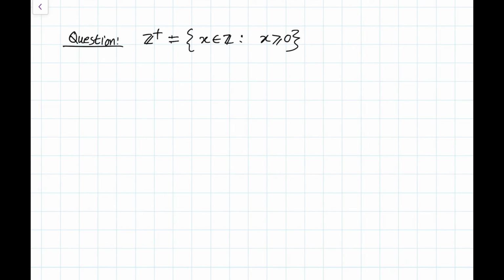Let us see a question. Suppose Z plus is all positive integers including 0, with the operation a minus b. Then is this operation a binary operation or not?